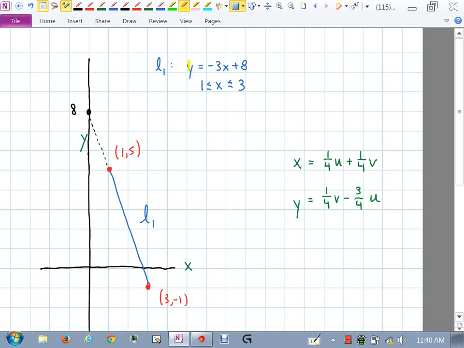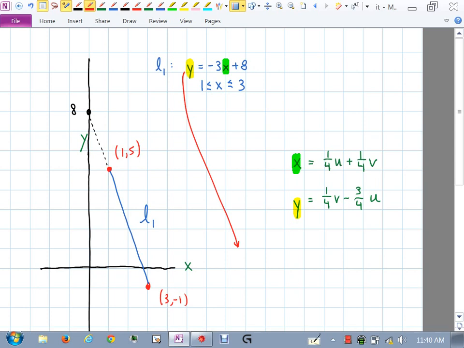I know what y is supposed to be in my transformation, and I also know what x is supposed to be. So why not replace y here with all of this and replace x here with all of this? Then I have a new equation in terms of u and v. So let me do that.